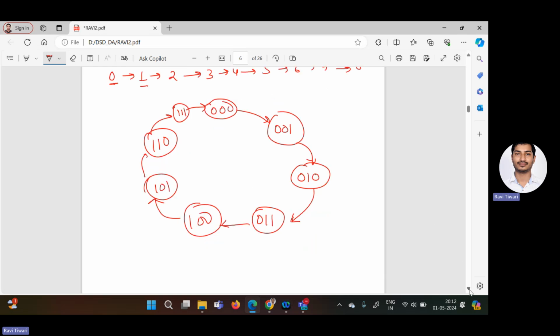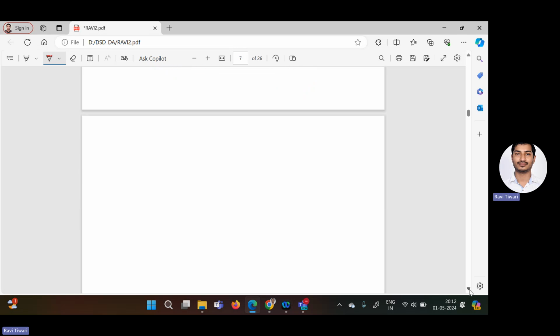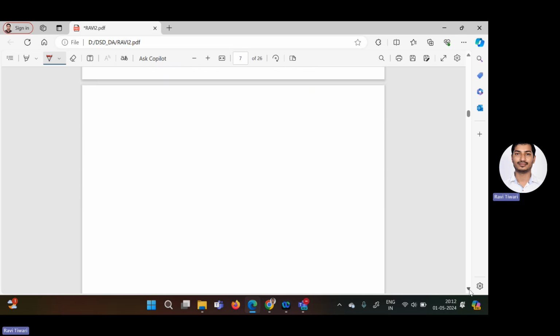Now we will use this state diagram for writing the state table. For the state table, we have 2 parameters. First, we will write down the present state, then we will write down the next state. As we are using 3 bits for the representation, here we will write QC, QB, and QA.